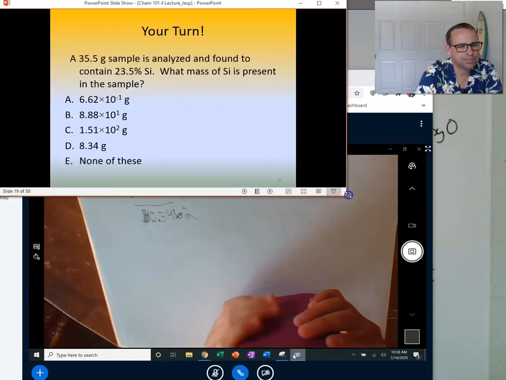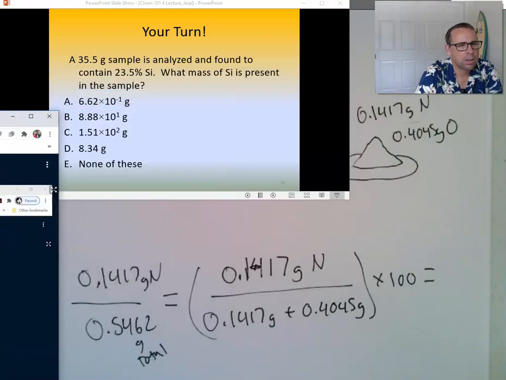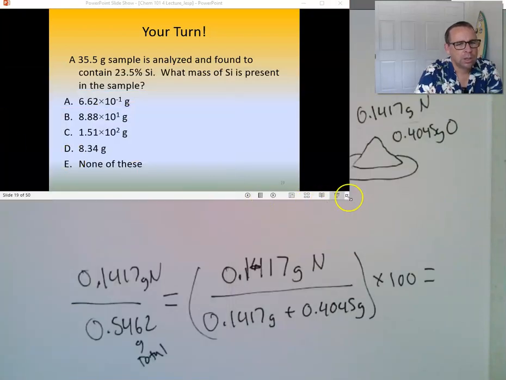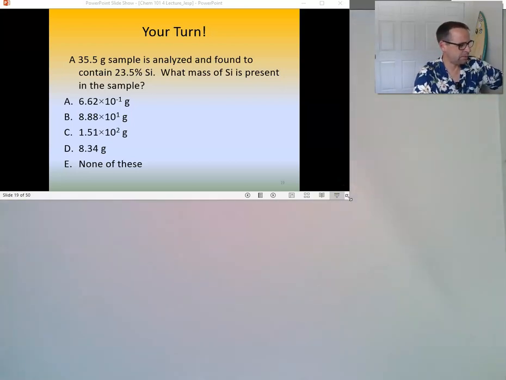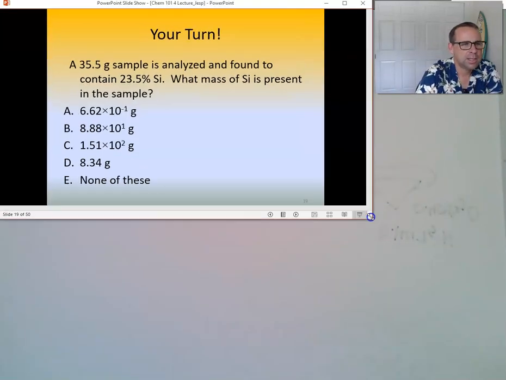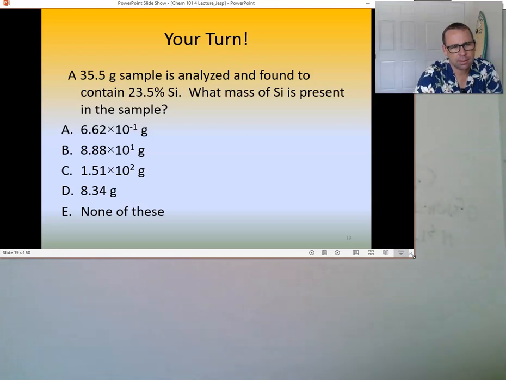This is another one. A 35.5 gram sample is analyzed and found to contain 23.5% silicon.